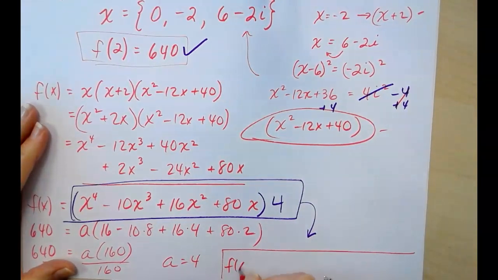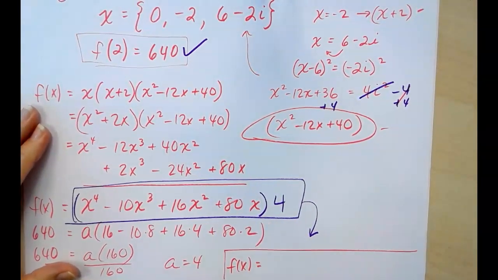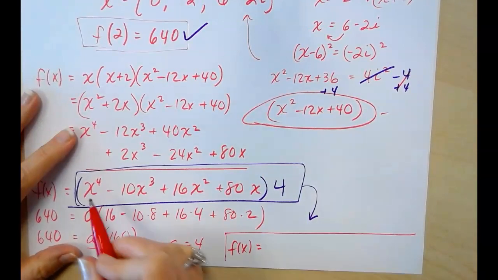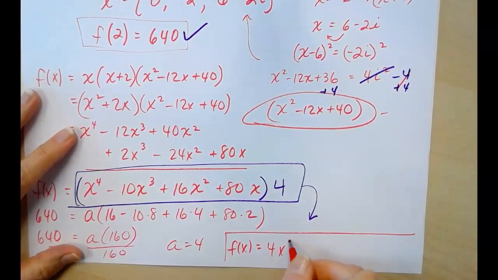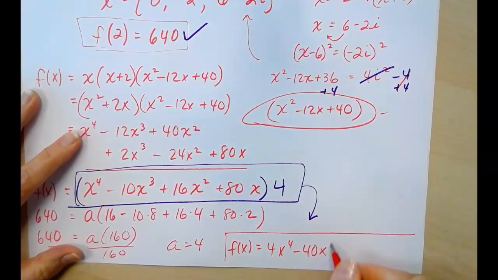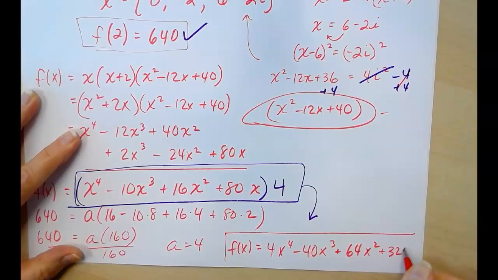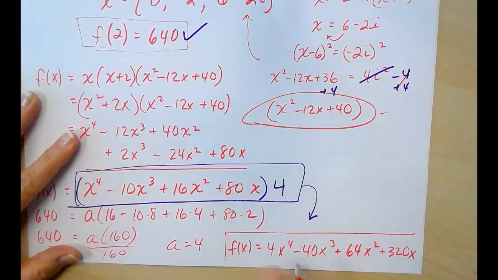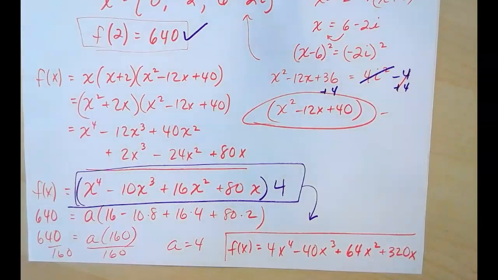Our function is f of x equals 4x to the fourth, 4 times negative 10, negative 40x to the third, 4 times 16, plus 64x squared, 4 times 80x, plus 320x. There you go. There's the answer.